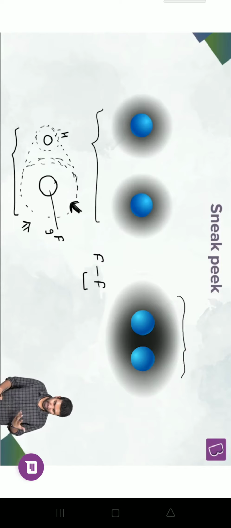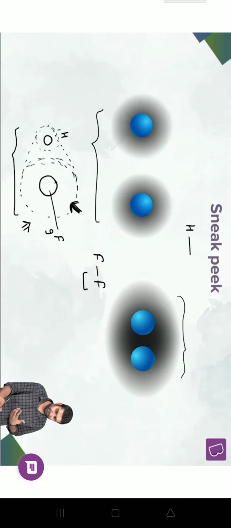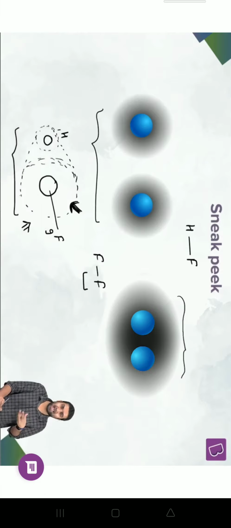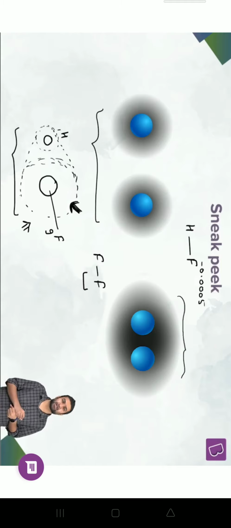So what's going to happen is that essentially we can say that in HF there is a slight negative charge. It's not a complete -1, right? You can think of it in a very simplified, oversimplified way, as an average over time. So you can say that yes, there is a 0.0005 negative charge here, right?